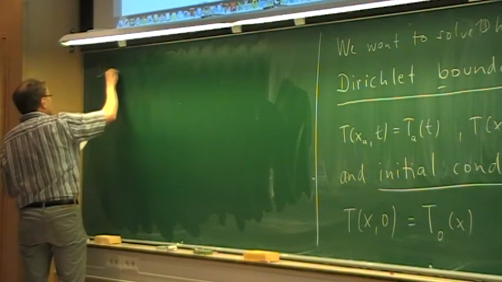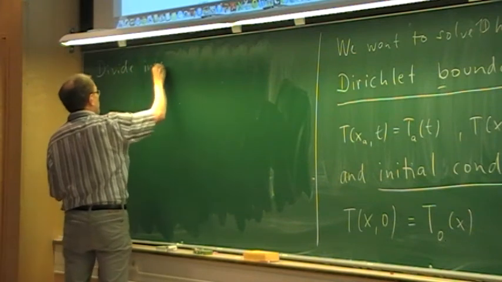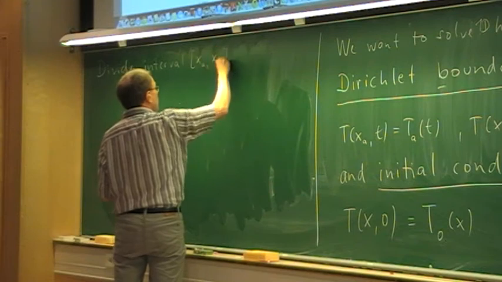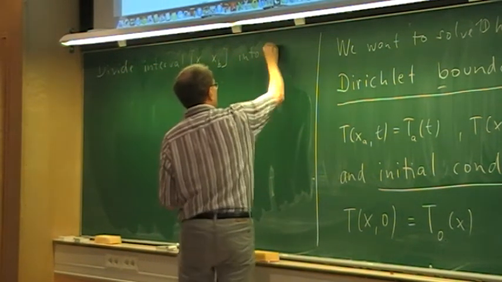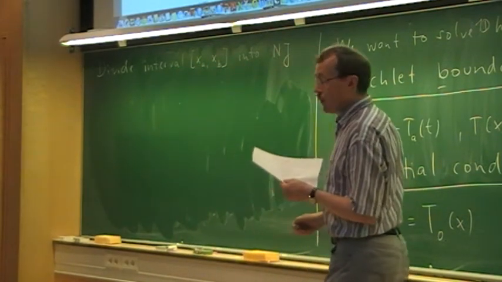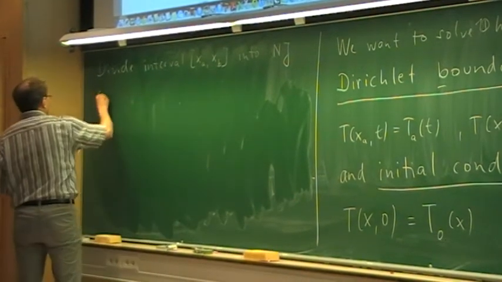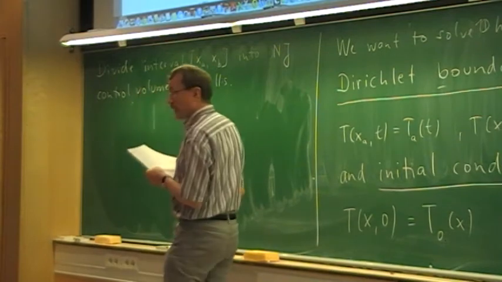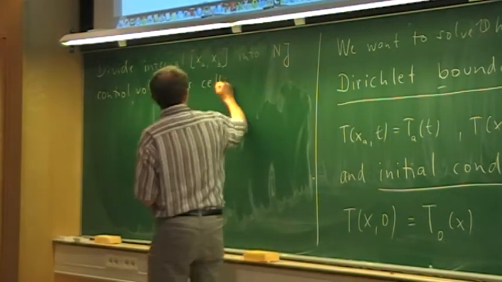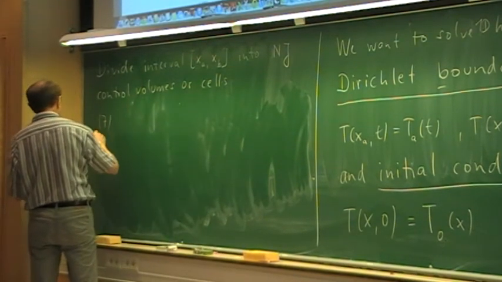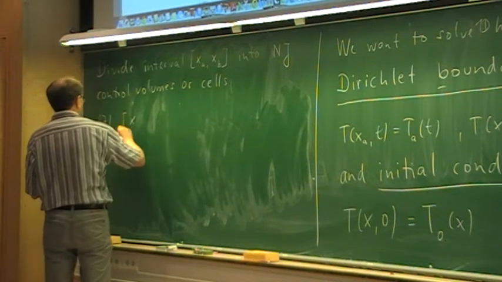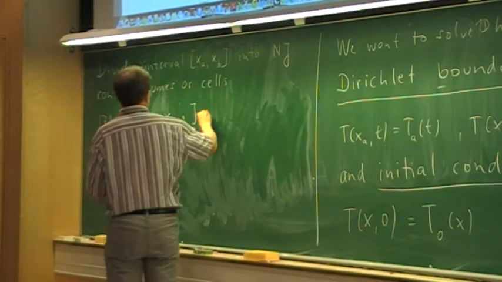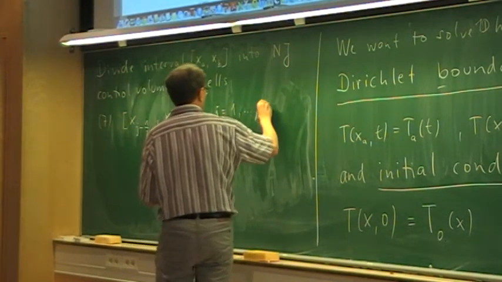So, we divide the interval, which is in our case our domain, given by the interval xa to xb, into what is just a convention that we call nj, number of control volumes, or cells. And then these control volume cells in 1D will just be intervals that are xj minus 1/2 to xj plus 1/2. And we let j go from 1 to nj.